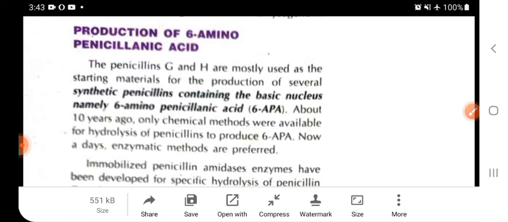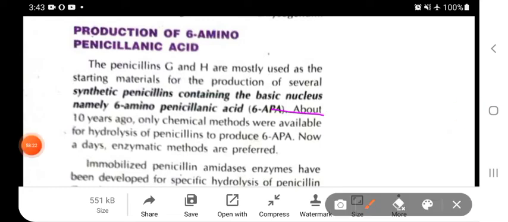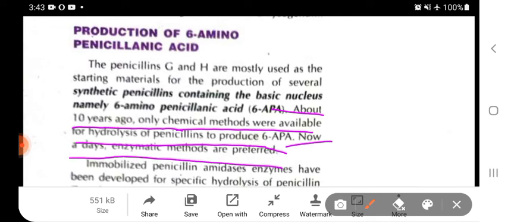The R group only varies to form different types of semi-synthetic penicillin. About 10 years ago, only chemical methods were available for hydrolysis of penicillin to produce 6-APA. Nowadays, enzymatic methods are also preferred for preparation of semi-synthetic penicillin.